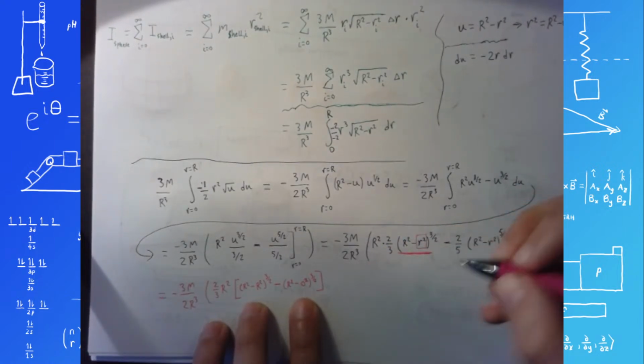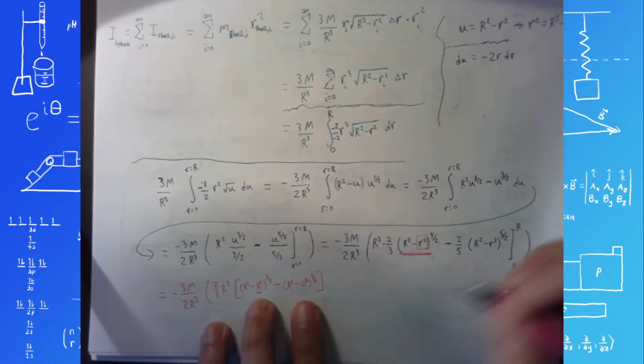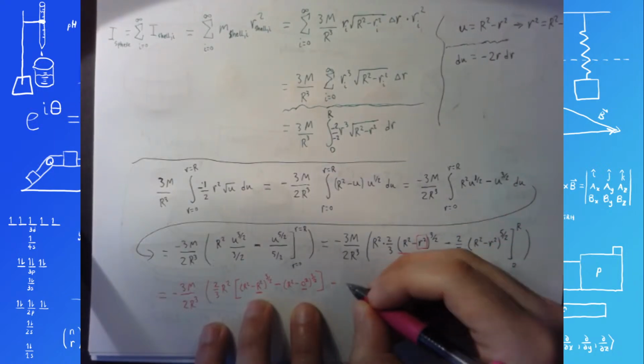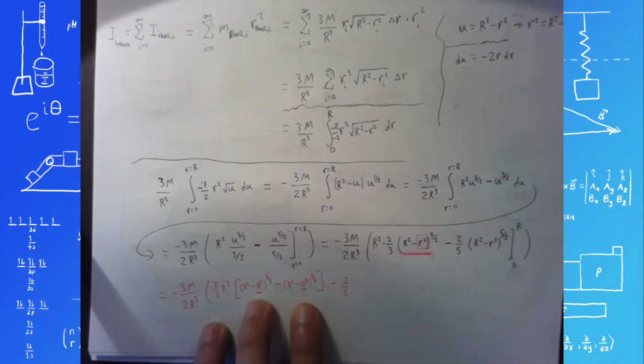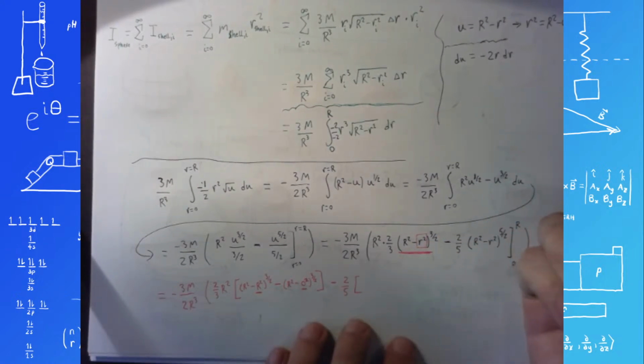We took this and plugged in top bound and bottom bound. I know it can be pretty hard to follow now that we have such a lengthy expression, but that takes care of our first term, and then minus 2/5 of, now I want to evaluate this from 0 to big R. So I guess it's going to be the same thing, except it's going to be to the 5/2.